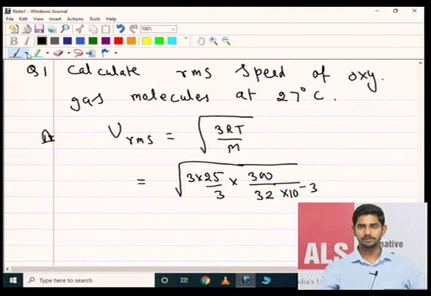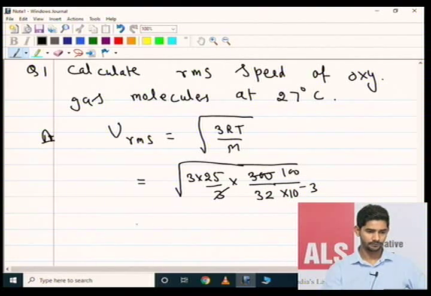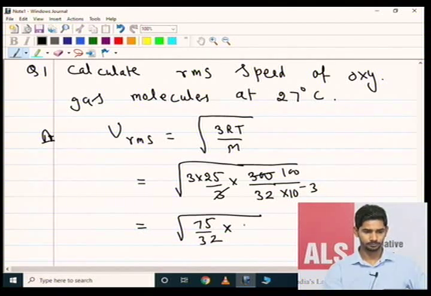Now you can solve this, and on solving, this is your 100, 75 upon 32 into 10 to the power 5.